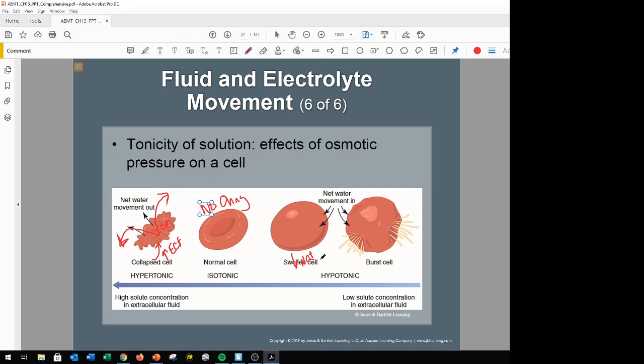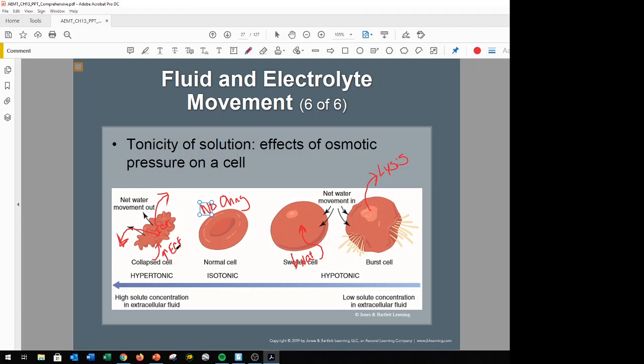It means that water is going to rush into the cell. And so you're going to have an increase of intracellular osmolarity. And if this cell bursts, it's called lysis, the cell lysis.